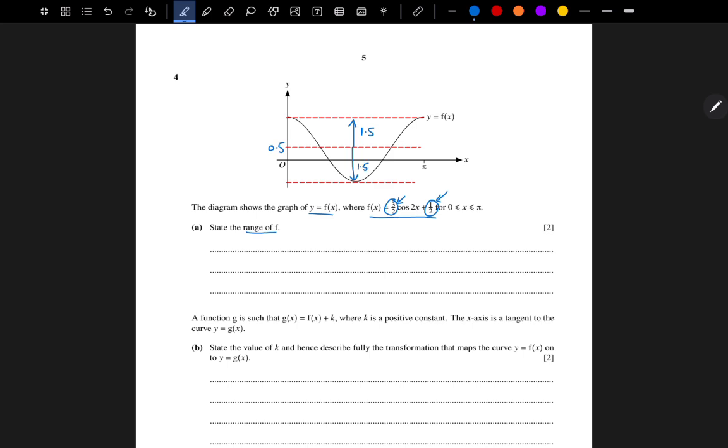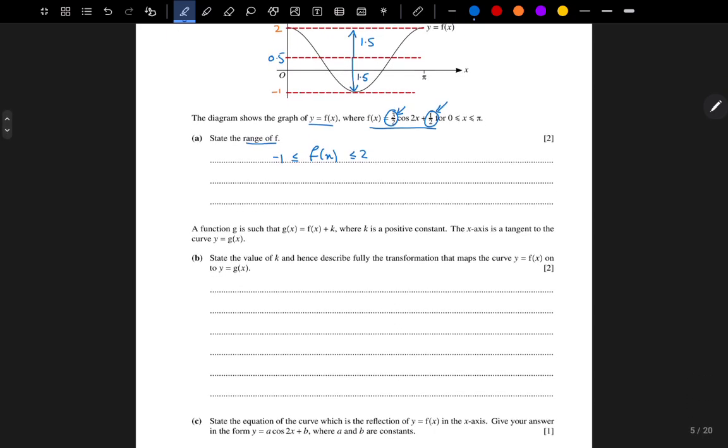We can find the upper bound and the lower bound by writing the baseline and adding 1.5, which will give us 2, and writing 0.5 and subtracting the amplitude, which will give us -1. So we know that the upper bound is 2 and the lower bound is -1. With this, we know that our f of x must lie between -1 and 2.